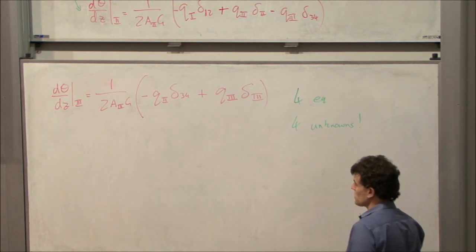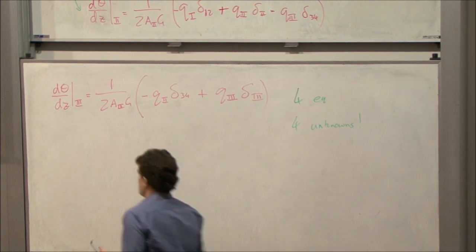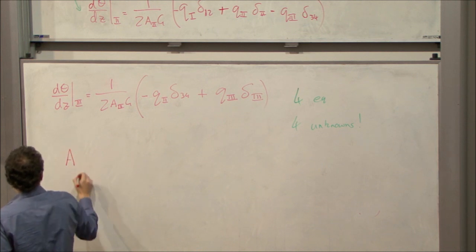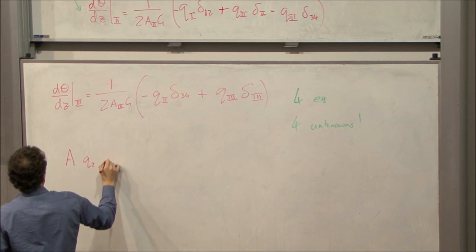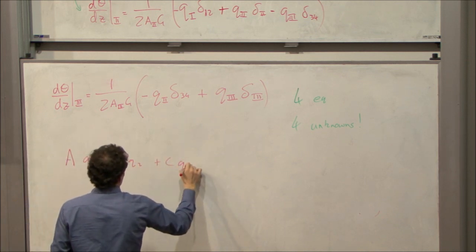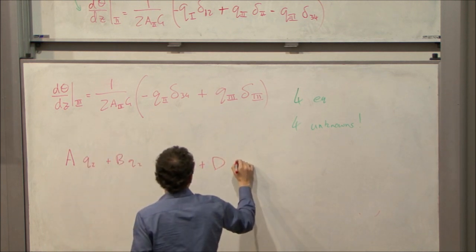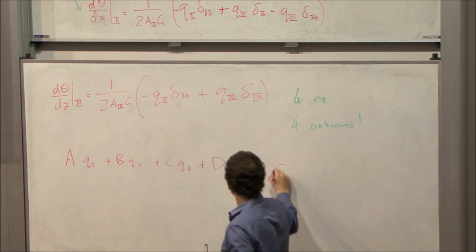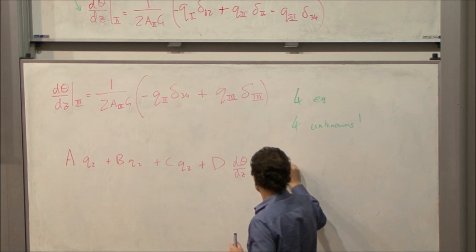In practice, if you were doing this for a complex problem, what you would do is set up a set of equations where you had something like A Q1 plus B Q2 plus C Q3 plus D d theta dz equals a constant, sorry.